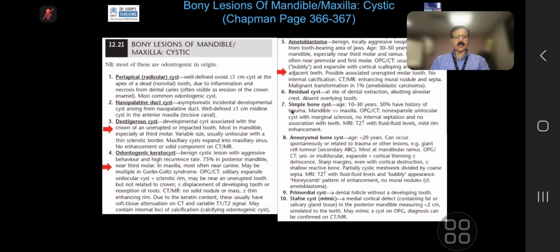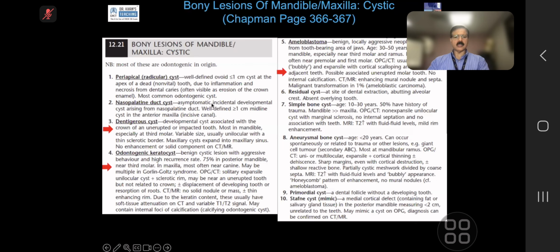Periapical cyst, also known as a radicular cyst, is well-defined, ovoid, with a dead non-vital tooth. So you will basically see caries and/or some dental work done, and at the base of this will be the periapical cyst. So this should not have been discussed in the differential diagnosis of our case.